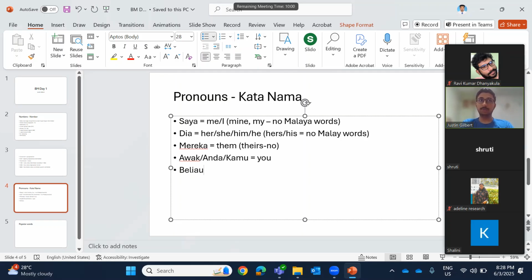Although we can use dia, so I want to say dia adalah emak saya, but this is not a respectful way to say it. Of course it means she, but in Malay, dia is more for someone of your level, your friend, but not someone of a higher stance than you.